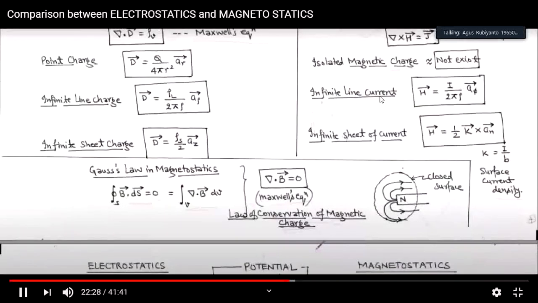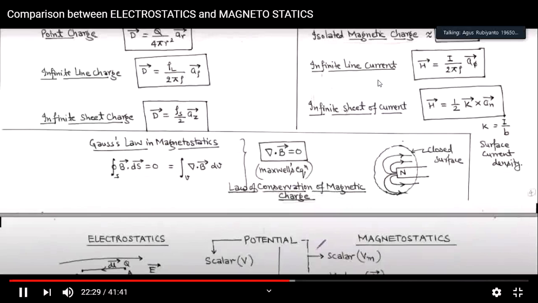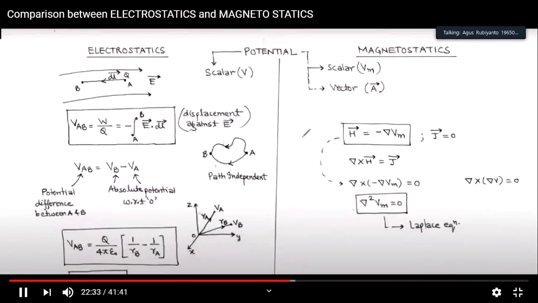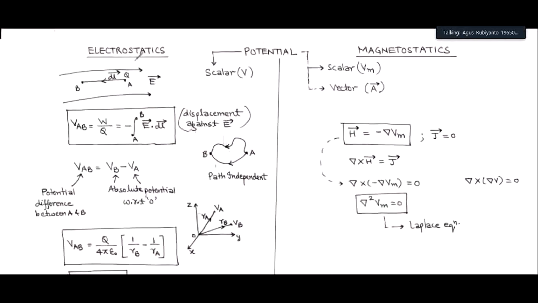Next difference is on the basis of potential. In electrostatics, we consider a scalar potential denoted by capital V, and in case of magnetostatics, we consider scalar potential as well as vector potential.